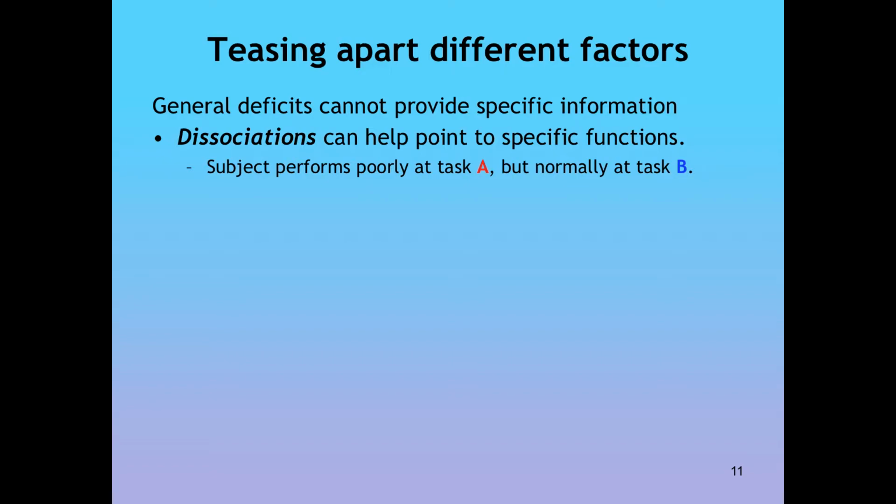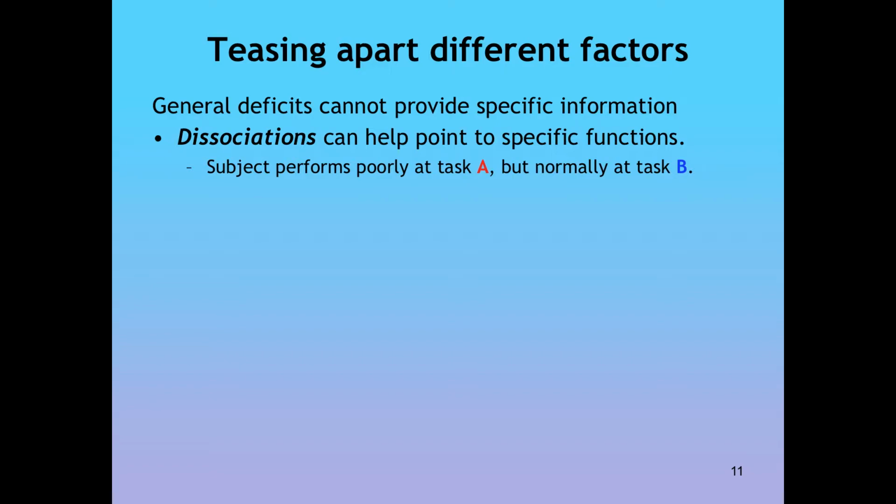You can just zone out for a second. So dissociations: you give a subject two tasks, and the subject is bad at task A, but they do well at task B. Then we can say, okay, perhaps they're bad at task A because they're missing this brain region, but they're good at task B because this other brain region is intact.